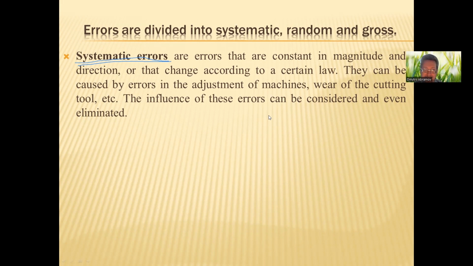They can be caused by errors in the adjustment of machines, wear of the cutting tools, etc. The influence of these errors can be considered and even eliminated.